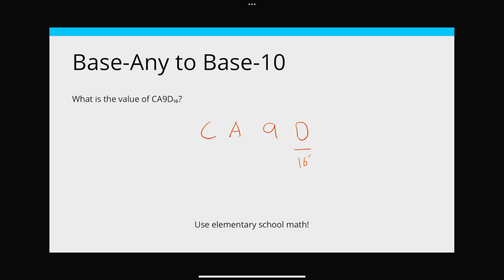This is 16 to the 0, 16 to the 1, 16 to the 2, 16 to the 3. What value is C? Well, A is 10, B is 11, C is 12.